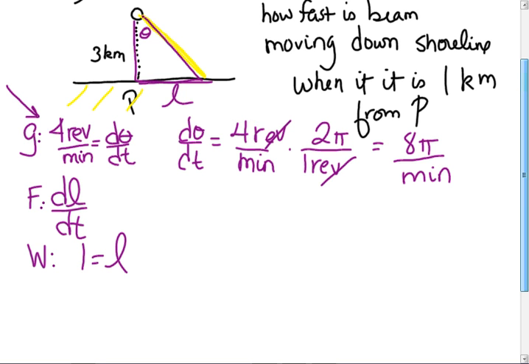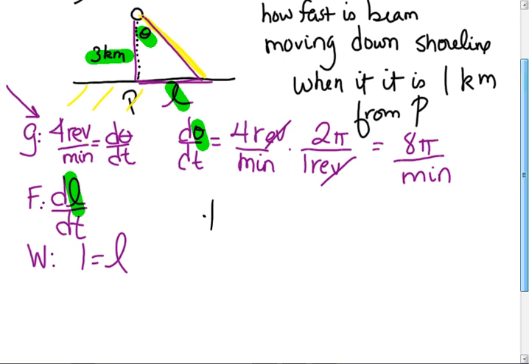Okay, Michael? The secret to doing these, there's a secret to related rates. If you look right here in the given, I have my angle, and I have L. So I want to relate the angle and L. I don't want to use the Pythagorean theorem, because it's not Pythagorean theorem. I want to relate the angle and L. Which trig function? Tangent.